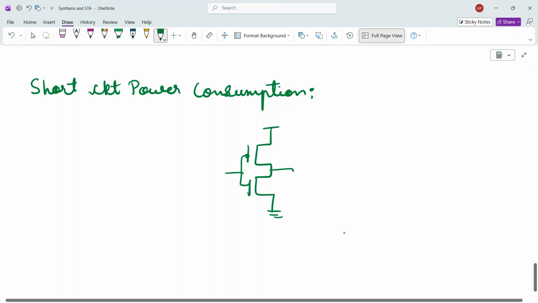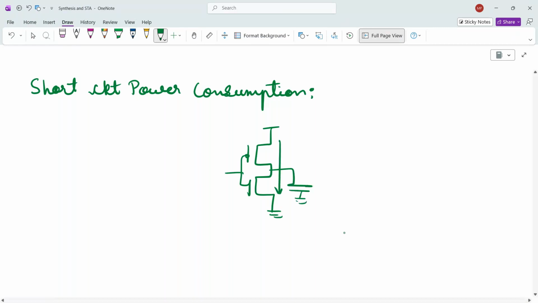When NMOS and PMOS are both in saturation, that direct current is nothing but the short circuit current. This is what short circuit current is, and the power that is dissipated because of this current is called short circuit power.